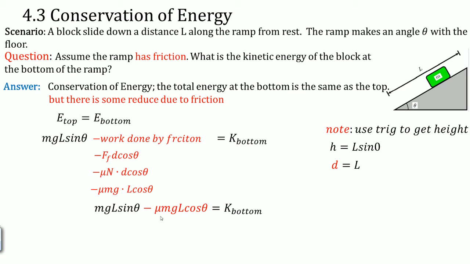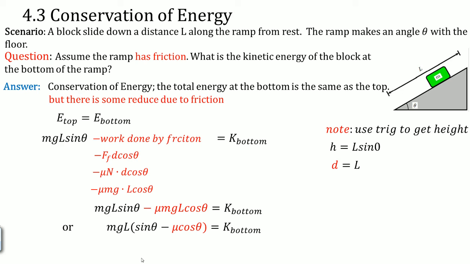That minus is because the energy is coming out of the system, and that's going to be equal to your K at the bottom. You might see it in a different version because they might factor out the mgL, because those are your like terms, leaving in the parentheses sine theta minus mu cosine theta.